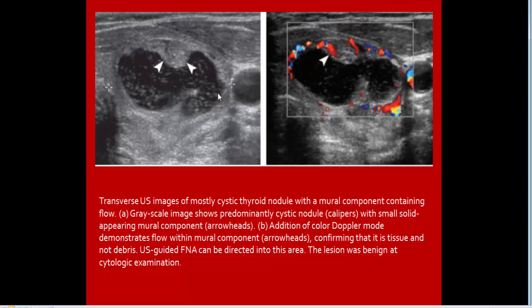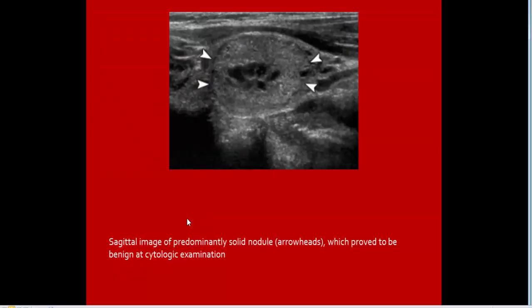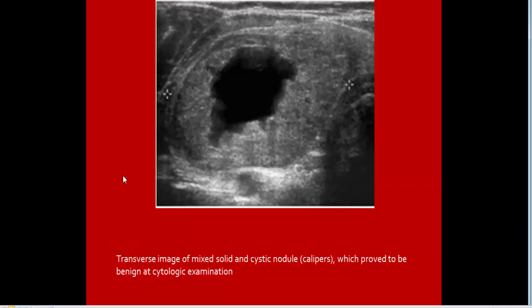Ultrasound-guided FNA showed this lesion benign. Sagittal image of a predominantly solid nodule proved to be benign. We see a well-defined halo around it. This is a transverse image of a mixed solid cystic nodule, which proved to be benign. We see the halo present around this nodule, which is a feature of a benign nodule.